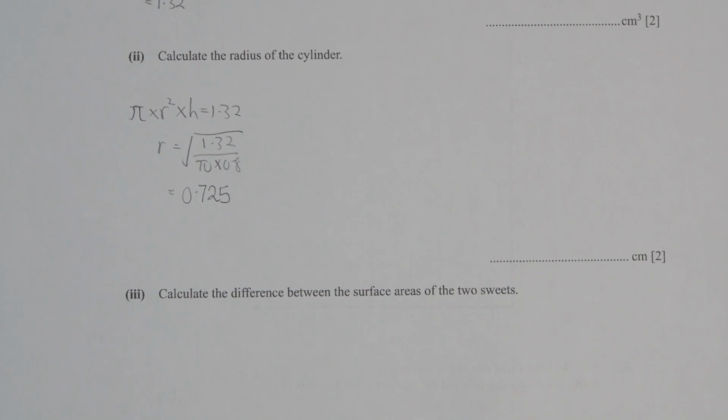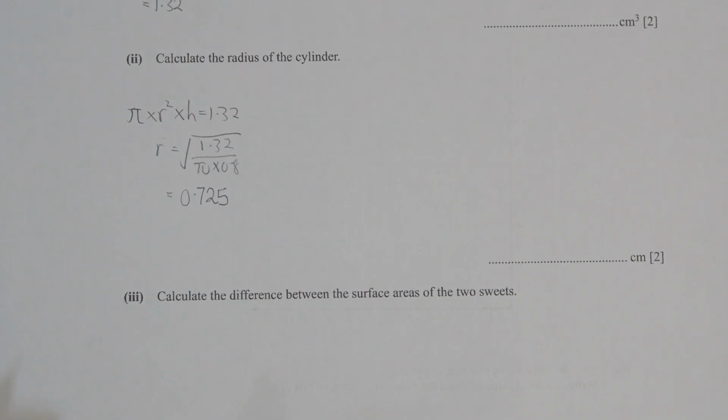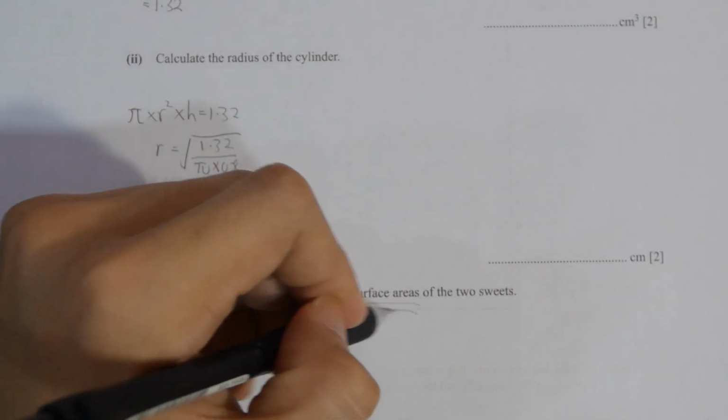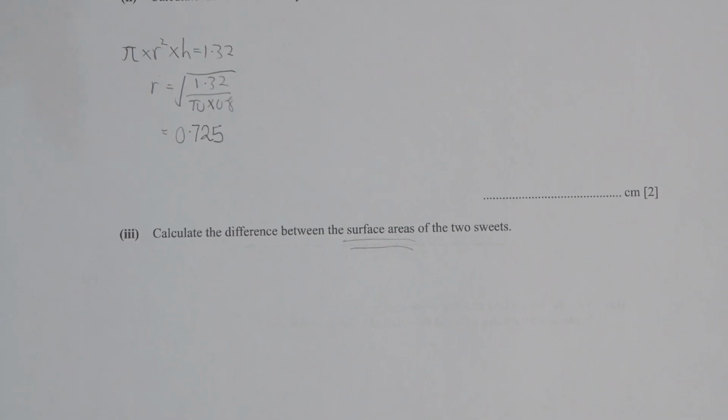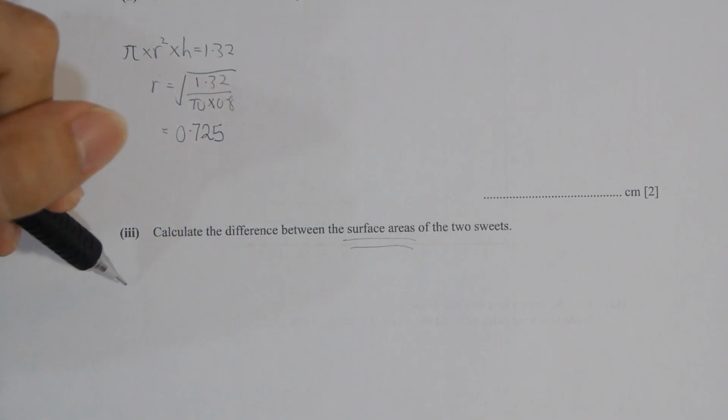For part 3, it's very easy for you to find the surface area of a cuboid, so I won't mention anything about that.